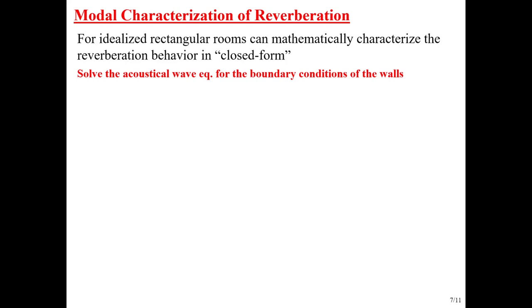And basically, we're setting up a wave equation, an acoustical wave equation. So that is a partial differential equation. And we can solve that for some simple idealized rectangular rooms with some particular absorption characteristics of the walls.